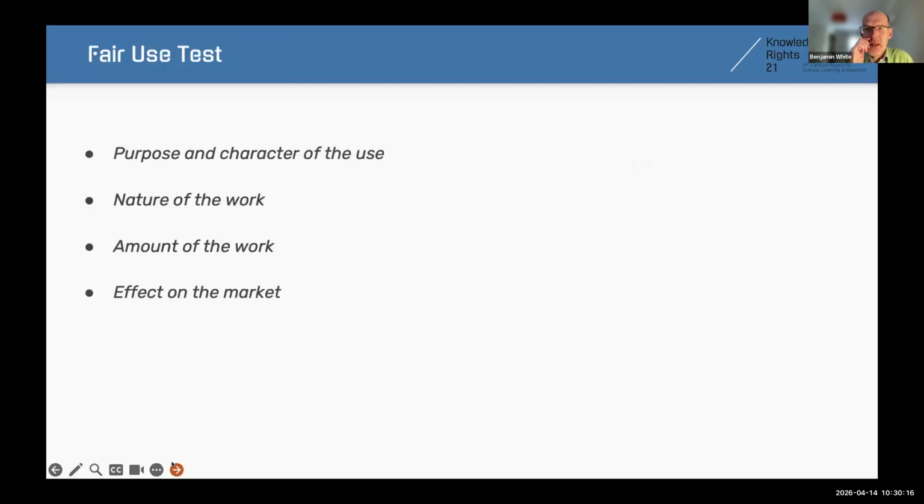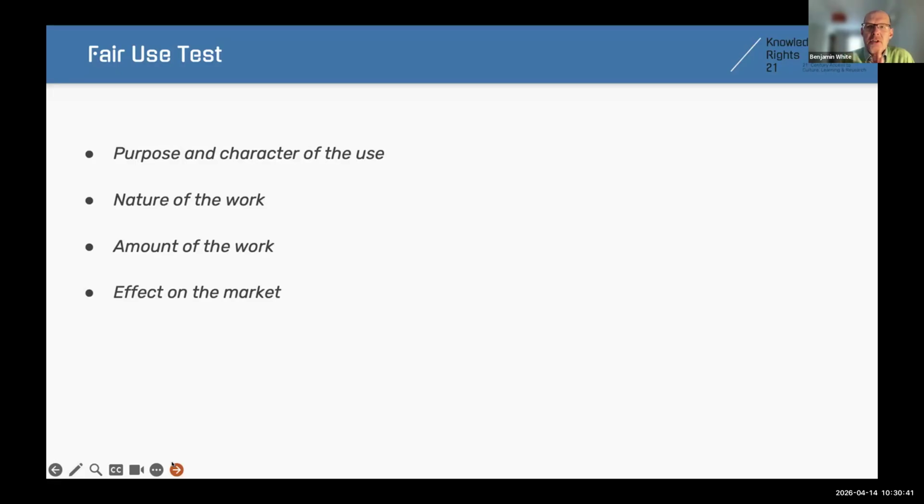And that's because fair use, this test in US copyright law, essentially says that the use of a copyrighted work is fair depending on the purpose and character of the use, the nature of the work, the amount of the work, and the effect on the market.